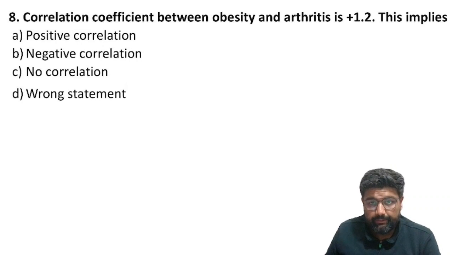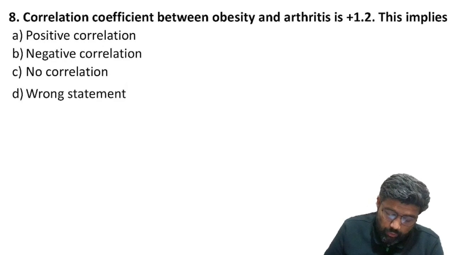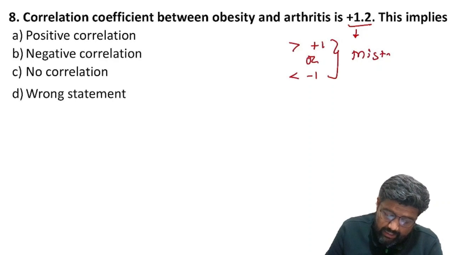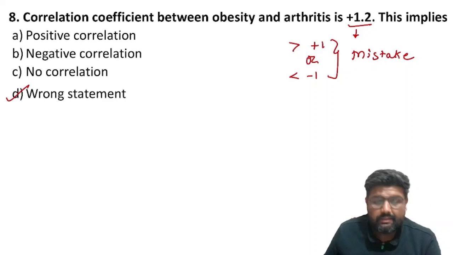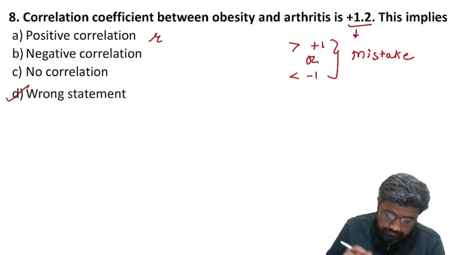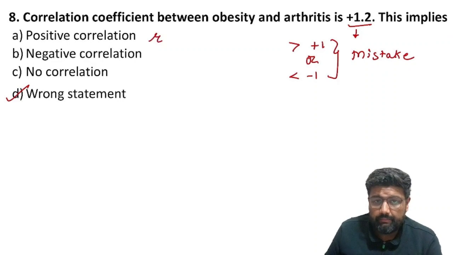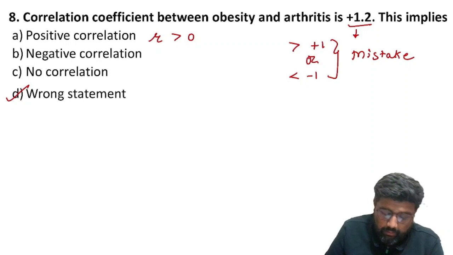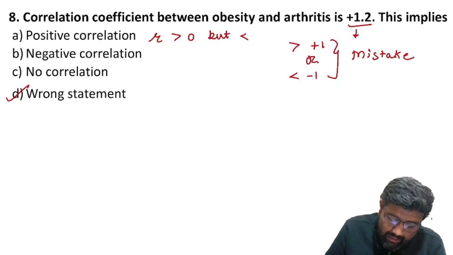Correlation coefficient is plus 1.2. This implies that when correlation coefficient is more than plus 1 or less than minus 1, in both the cases it is a mistake or wrong statement. Positive correlation coefficient means R is more than 0 but less than or equal to plus 1.